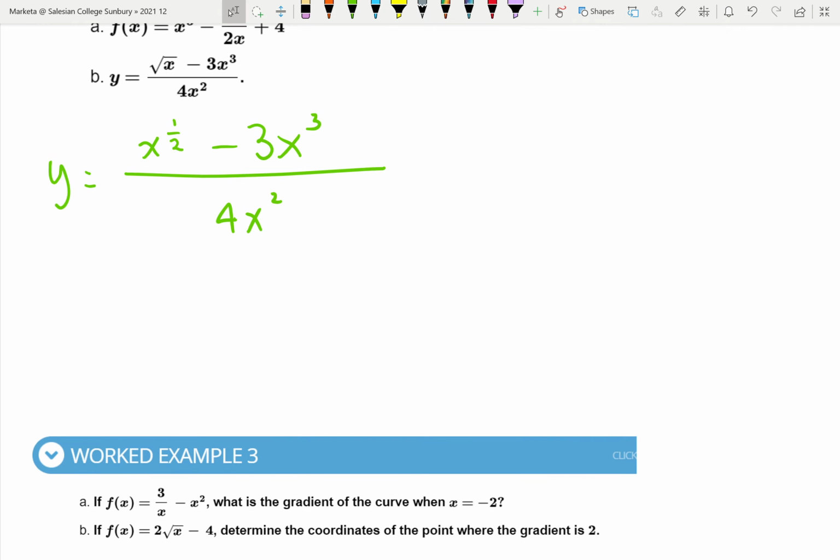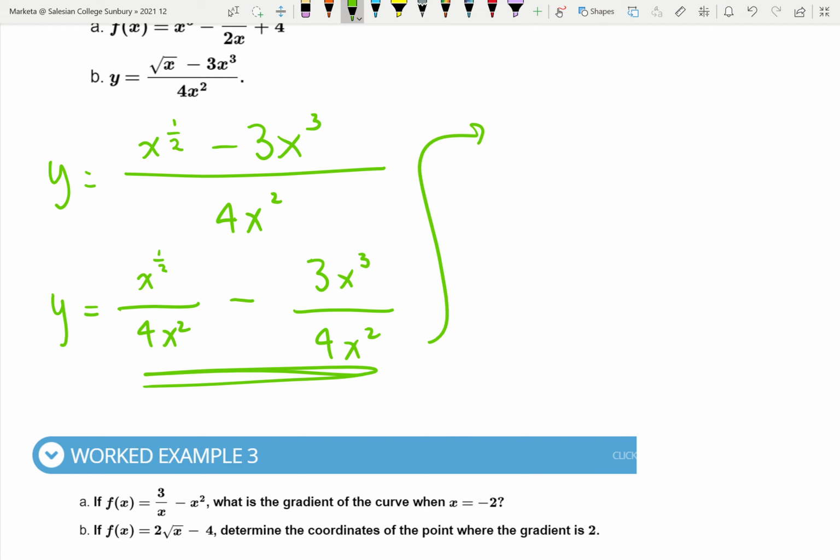So here I'm going to break this down to x to the half over 4x squared minus 3x cubed over 4x squared. And look, you don't need to do this step. If you can see straight away, you could go from that step straight to what I'm about to do.